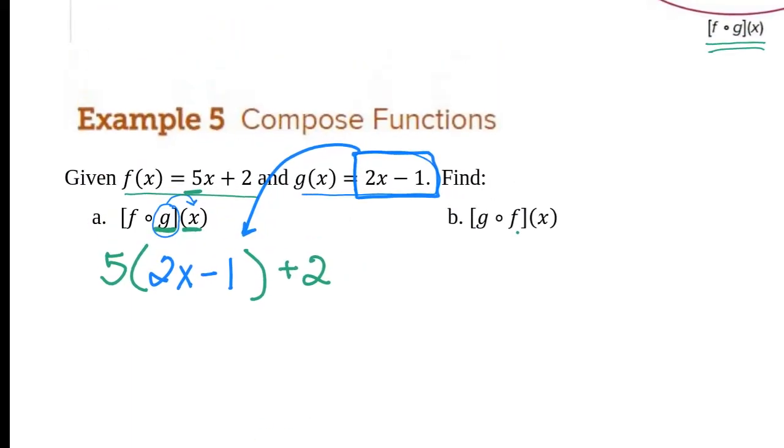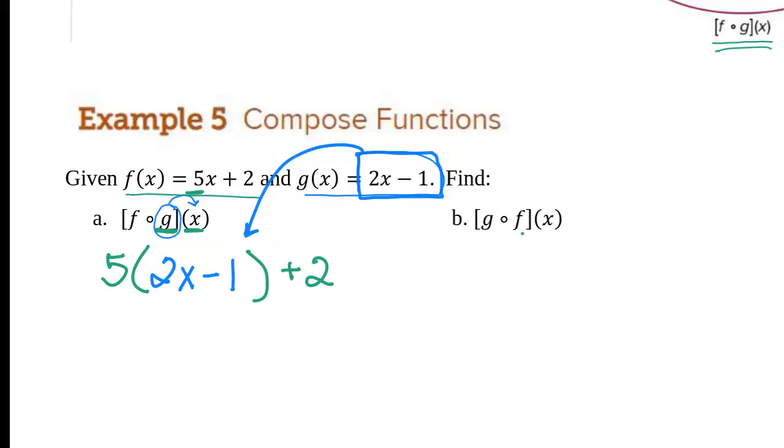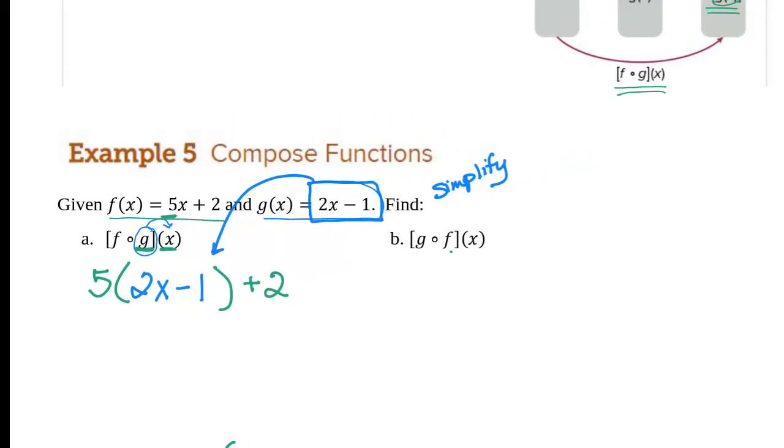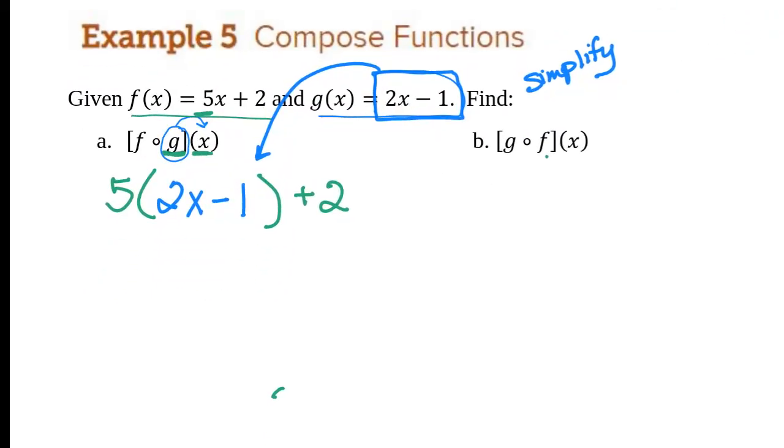Okay? And now we just need to simplify. All right? So as I look at this, how can I simplify this expression down here? What would I need to do?